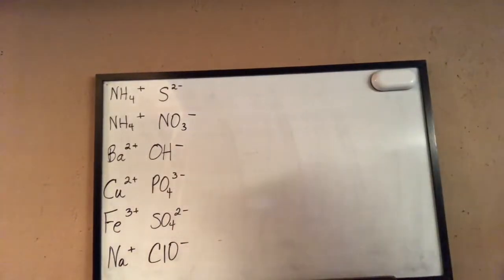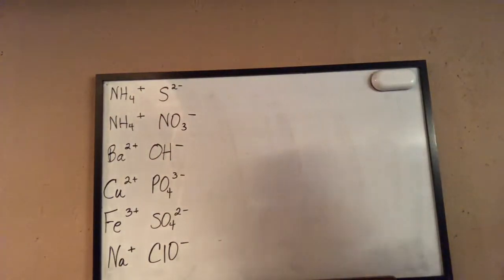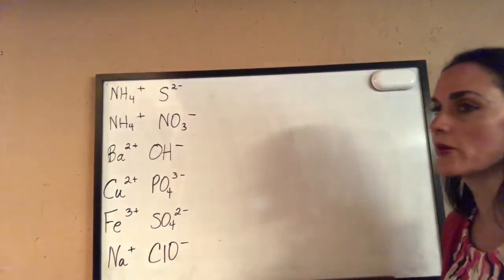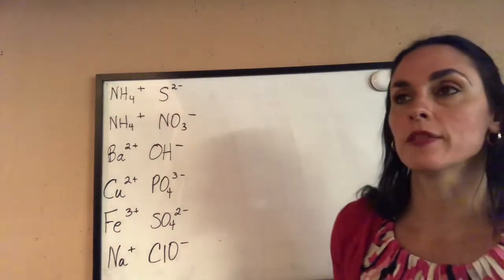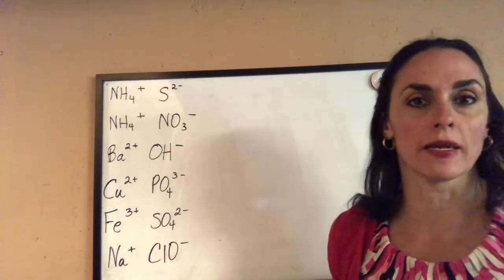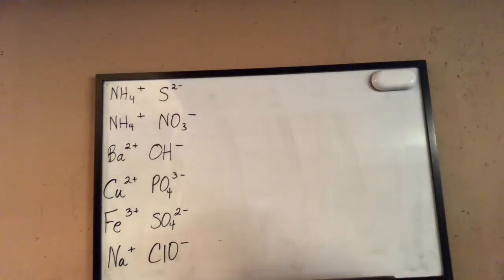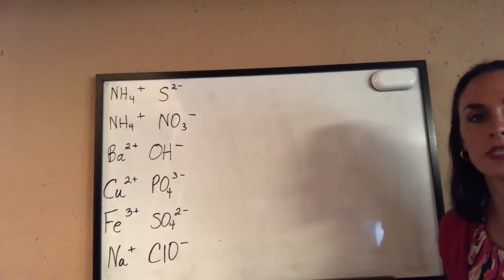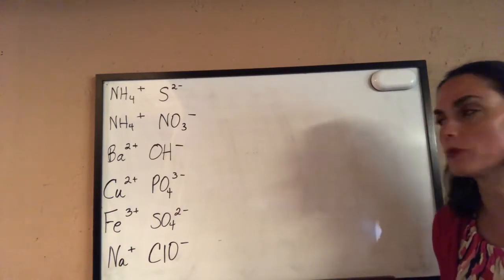Let's do some more where we write formulas and name the following ionic compounds. I have some mixed in here where we may have monatomic ions with variable ionic charge, such as some of the metals, and we have polyatomic ions. Remember, parentheses are needed when the subscript that comes from the charge of the other ion is anything other than 1.